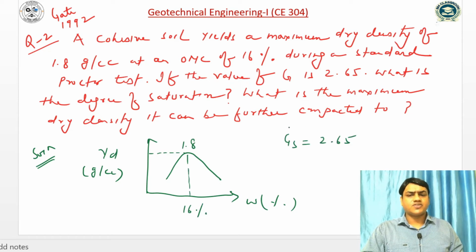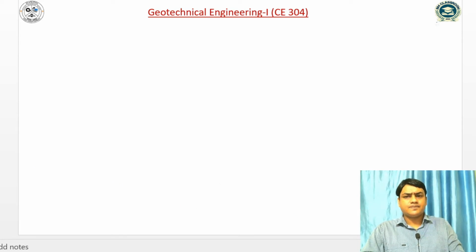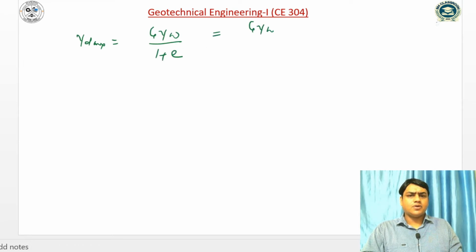So what is the degree of saturation? We can write gamma d max is equal to G gamma w divided by 1 plus e, or we can write G gamma w divided by 1 plus w into G divided by S.